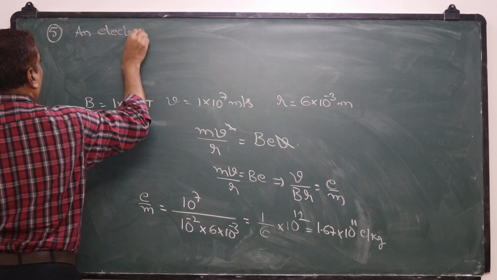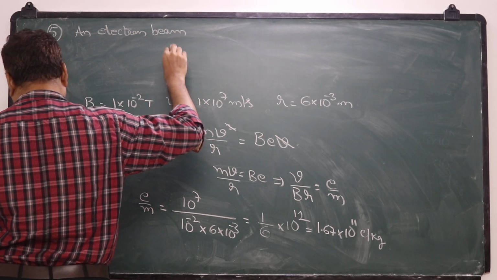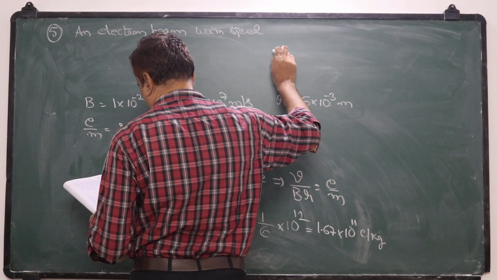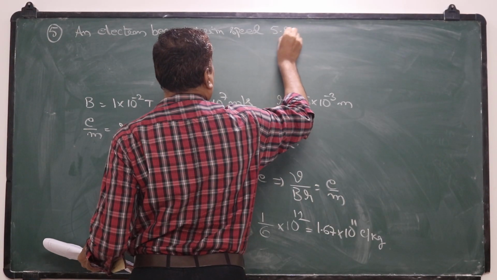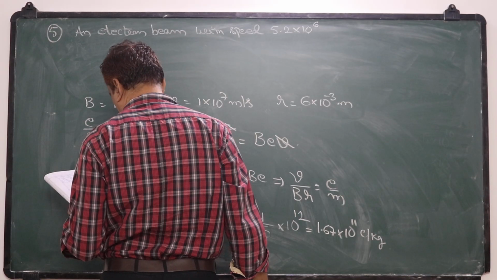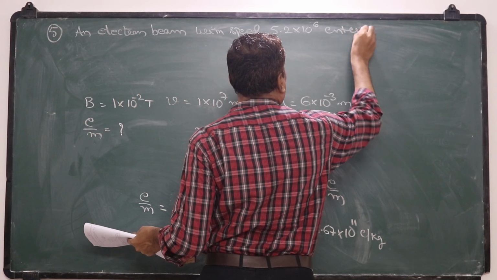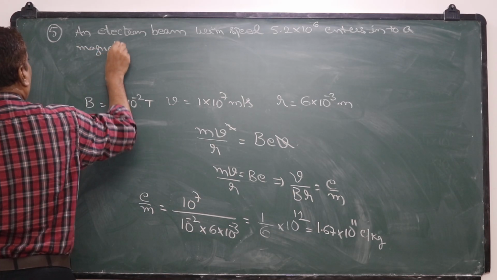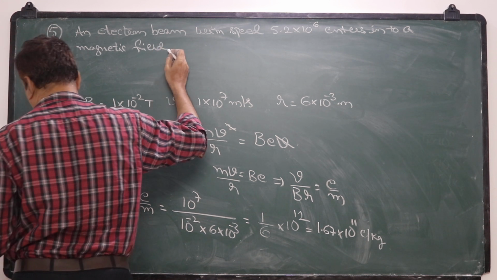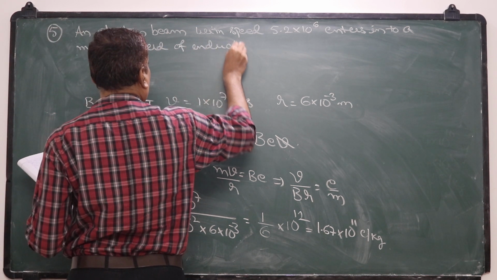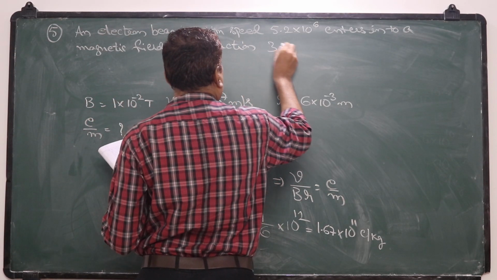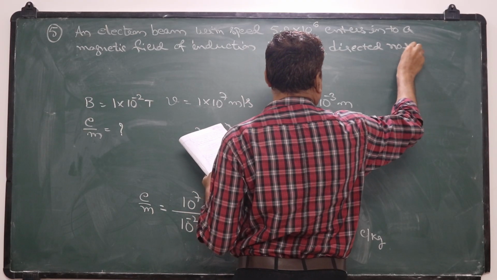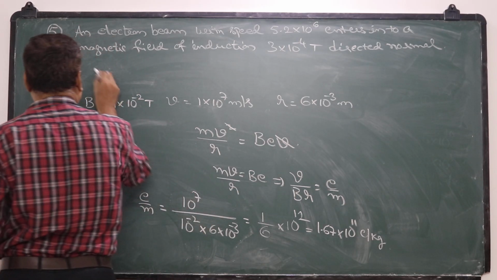An electron beam with speed 5.2 into 10 power 6 enters into a magnetic field of induction 3 into 10 power minus 4 Tesla directed normal to the beam.